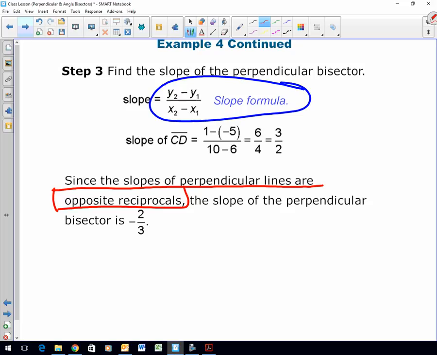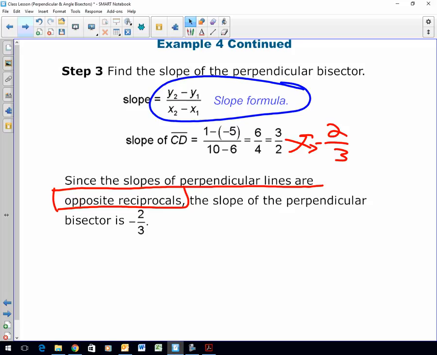That's how you form 90-degree angles. When I say opposite, go from positive to negative, or from negative to positive. When I say reciprocal, you switch your numerator and your denominator. So the opposite reciprocal slope of 3 over 2 is -2 over 3.